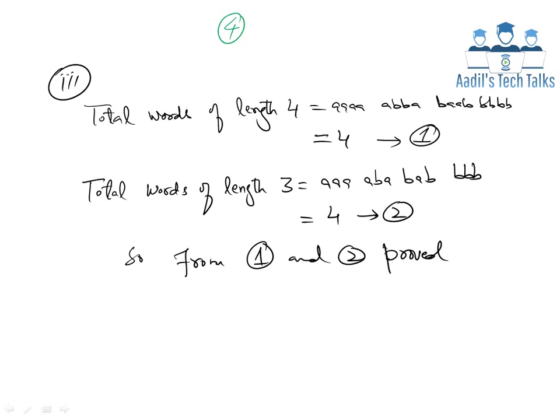Total words of length 4 are AAAA, ABBA, BAAB, BBBB: 4. Total words of length 3 are AAA, ABA, BAB, BBB: 4. So it is proved from this example that palindrome has as many words of length 4 as it has of length 3.